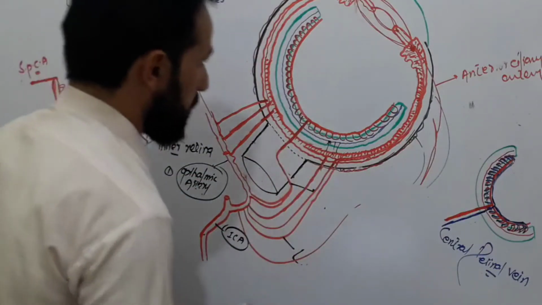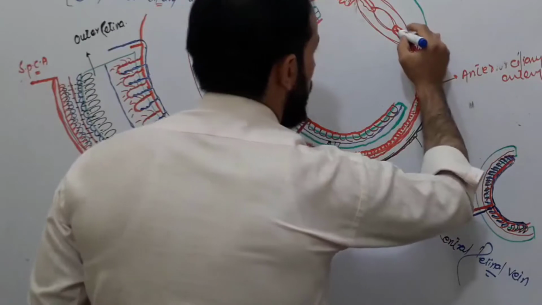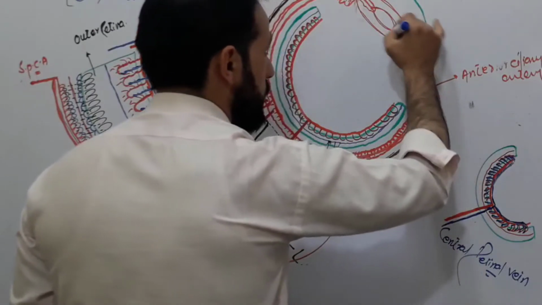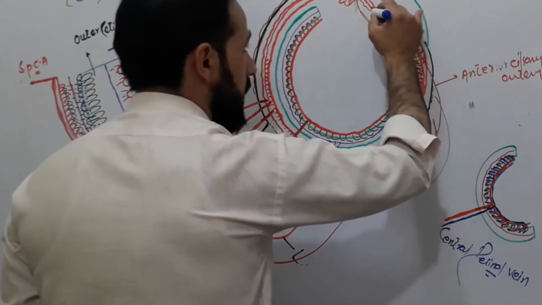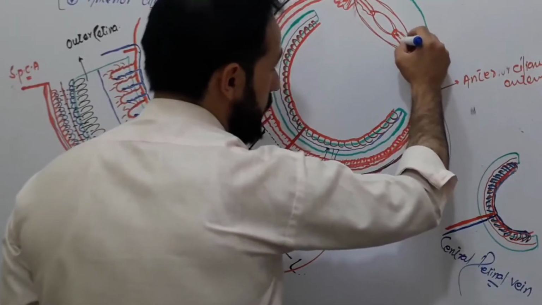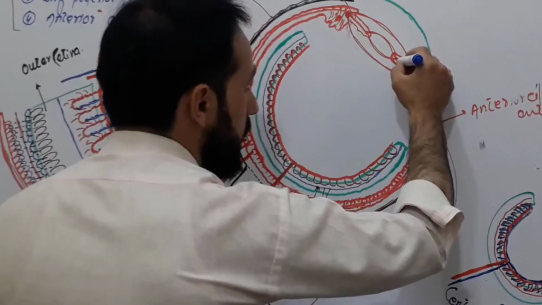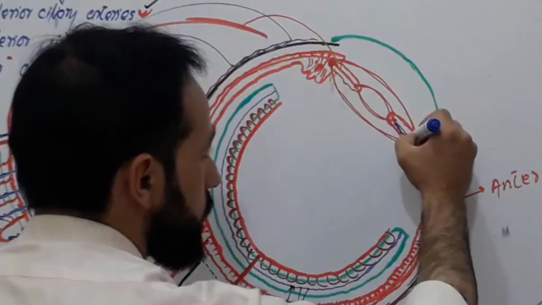Now next, what happens? Look, here we had told you that the capillaries which come here make a minor ring and a major ring. So these are the arteries which enter your iris. Here these arteries will again unite with the venous channels.